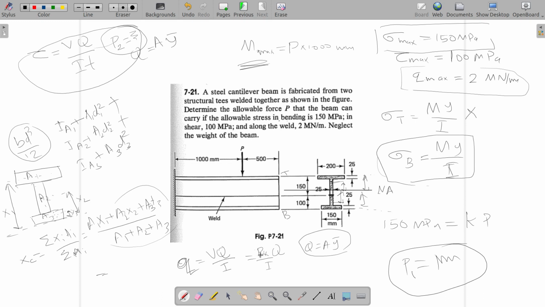So from there you will get value of P, which is P3. So you will get P1, P2 and P3 due to three different constraints. So to satisfy all three constraints, you have to choose the smallest among P1, P2 and P3, and that will be the answer you're looking for.